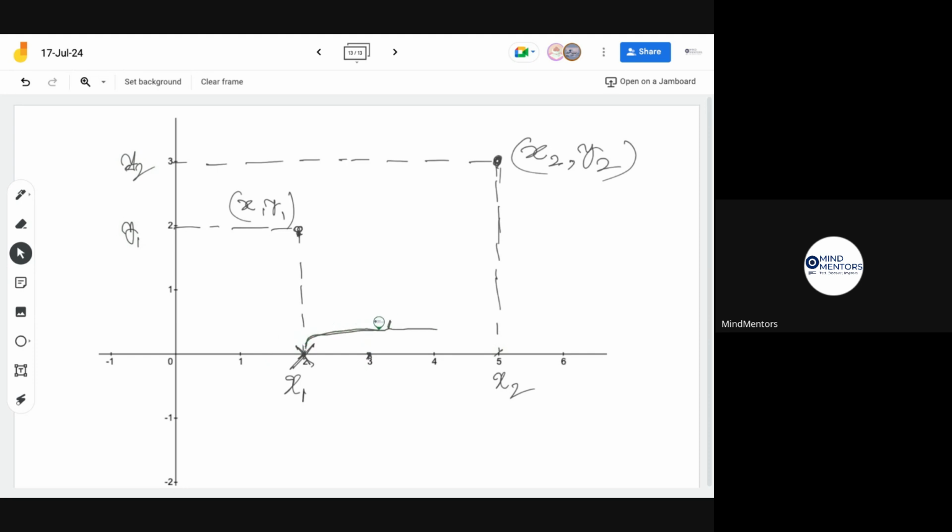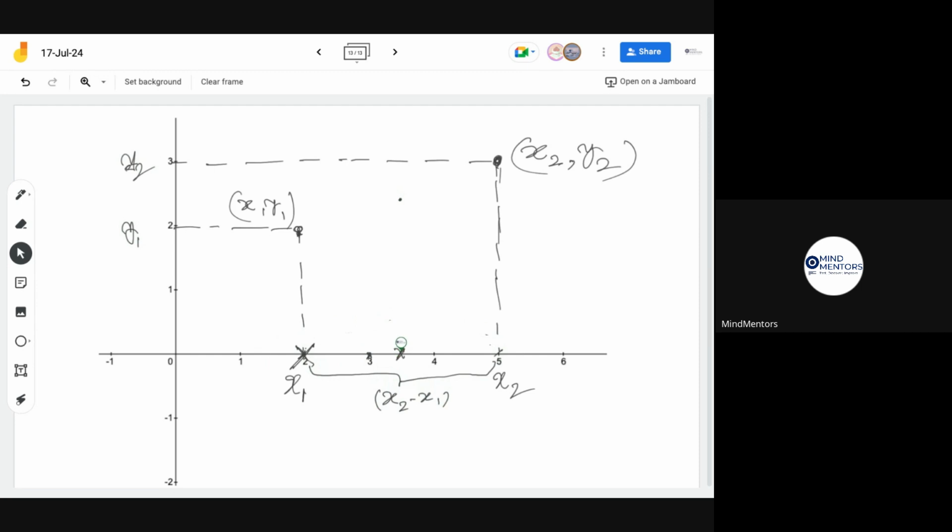Ansh, Mr. Ansh Patel. x2 minus x1, right? That's the distance between these two points, right? So let's take half of this. The midpoint will be somewhere here, right? So let's take half of it, right?